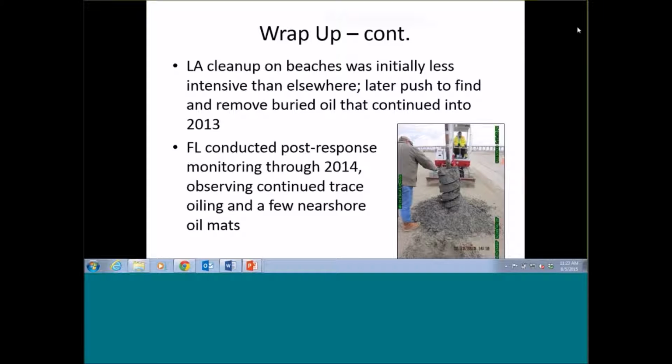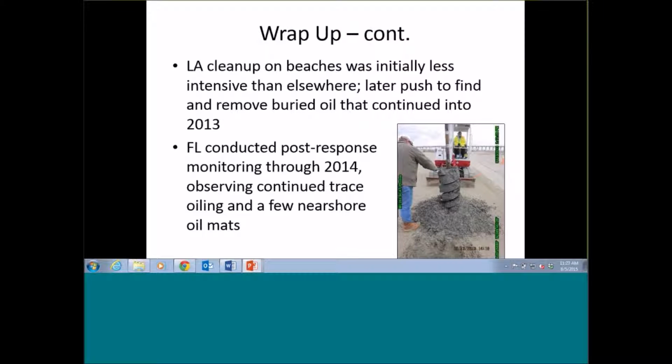Florida is an example. I think the response ended there in 2013 officially, but the state of Florida kept doing post-response monitoring through the end of 2014. They continued to find trace oiling on most of the beaches, especially in the eastern panhandle: Escambia, Santa Rosa, Okaloosa County. Again, those tar balls or SRBs were coming up periodically on the beach at low levels, and crews would go out and pick those up.